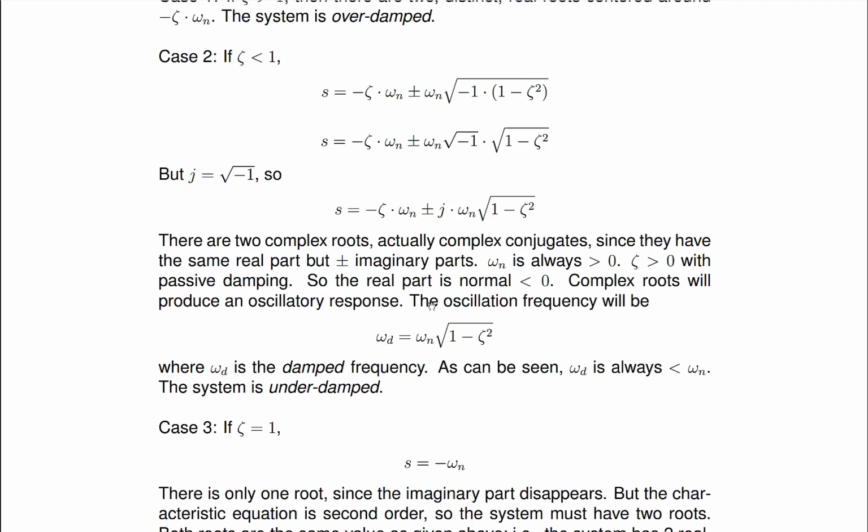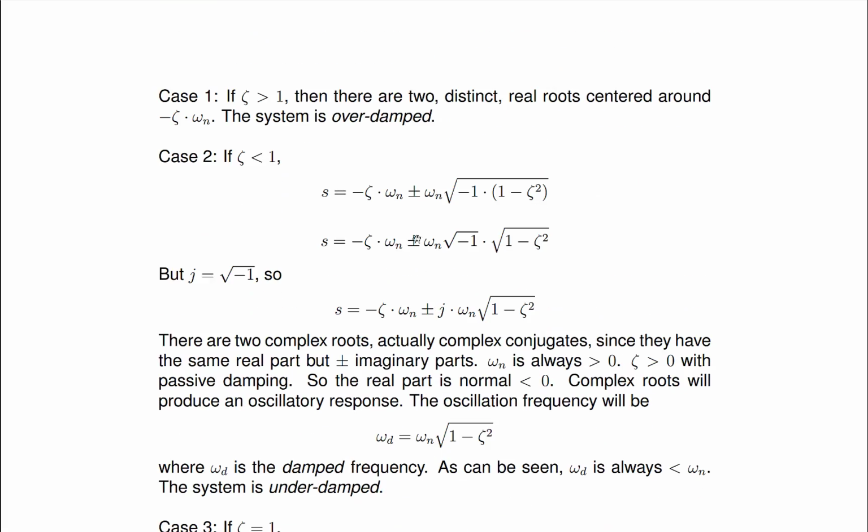Let's scroll back up and look at case 2. They have the same real part, but the imaginary part is up and down, parallel to the imaginary axis, by a distance omega n times the square root of 1 minus zeta squared.